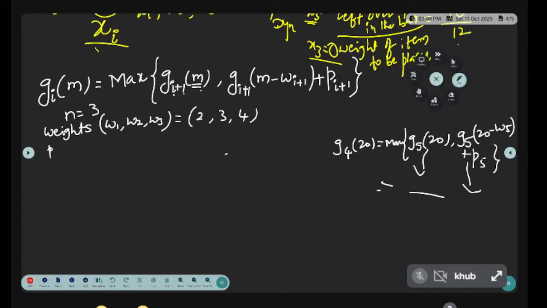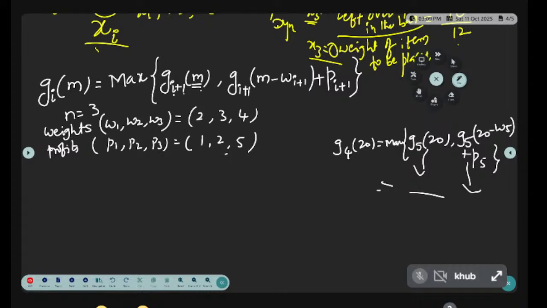And profits P1 to P3 respectively. There are 3 items and 3 item profits are given respectively.